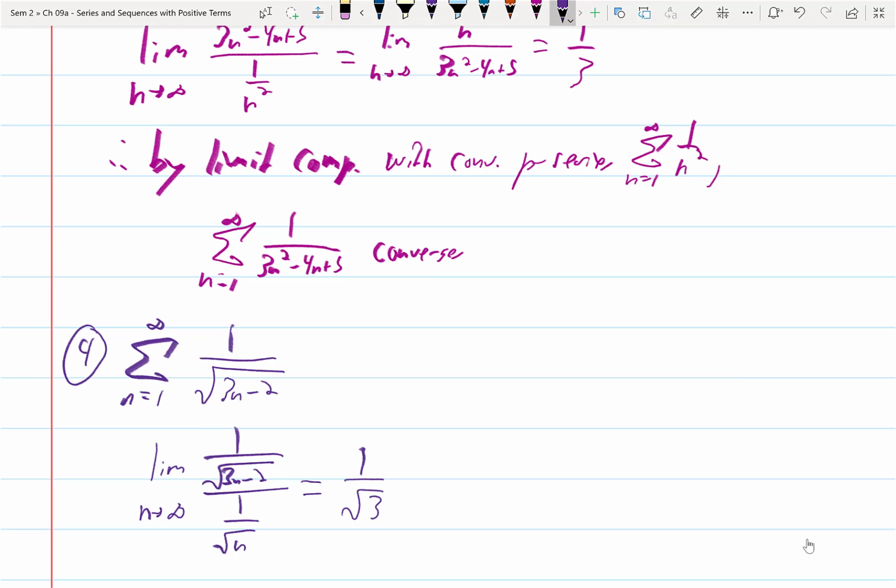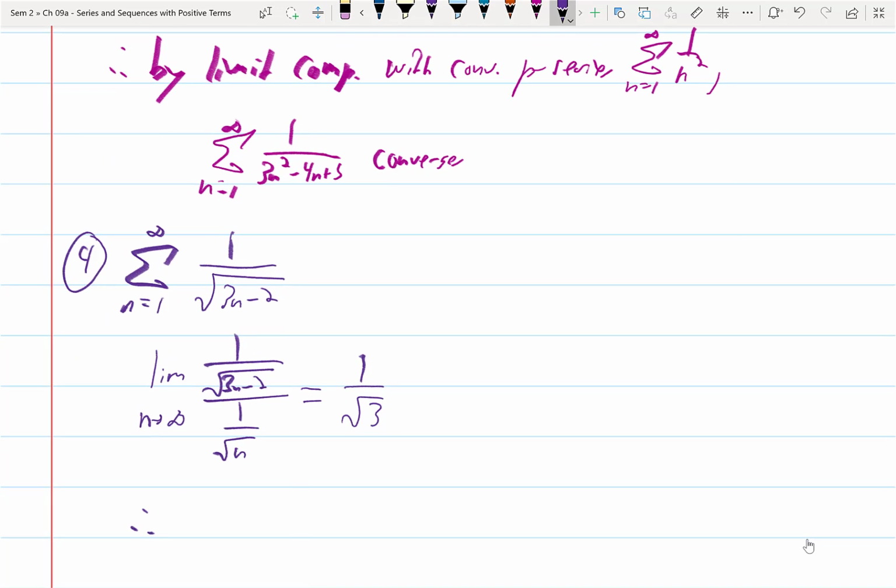and all that's important is that that's between 0 and infinity, and it is constant. So that's done. Therefore, by limit comparison with, is it compared to a divergent or a convergent P series? Divergent. Please be very, very, very clear on that. It's easy to mess that one up. The bigger the denominator, the more it would converge.